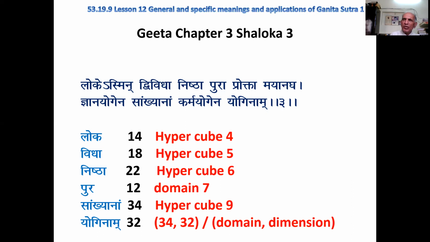Value 22 is parallel with the summation value of hypercube 6, 4, 5, 6, 7. Value 12 is the value of domain 7. Value 34 is the summation value of hypercube 9. And value 32 makes the format of domain dimension with value 34.